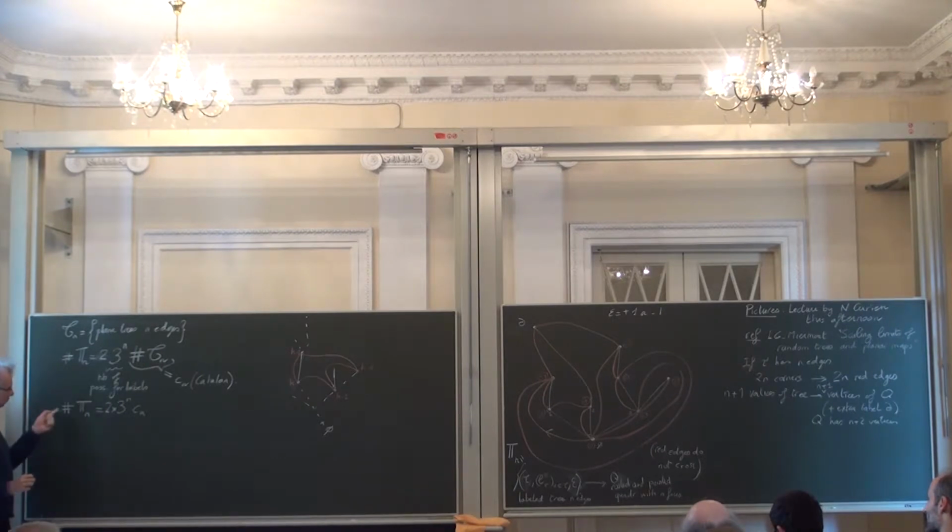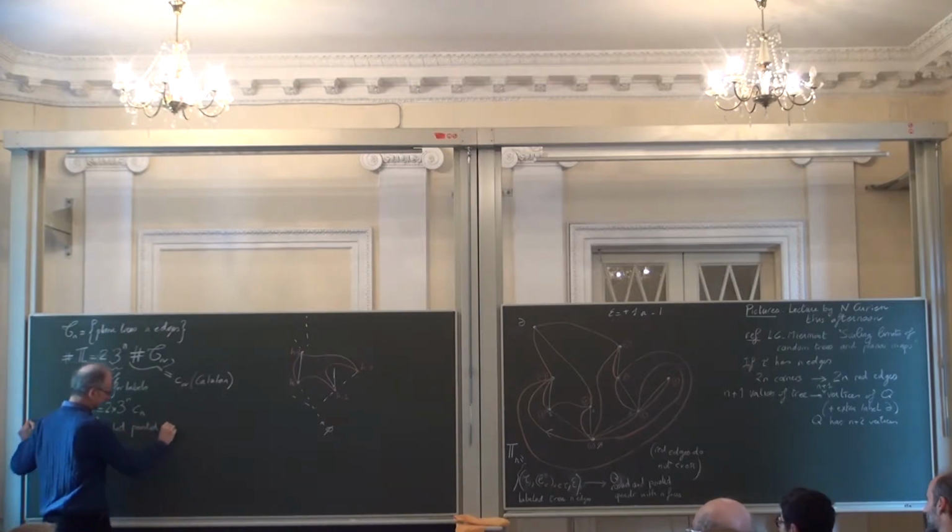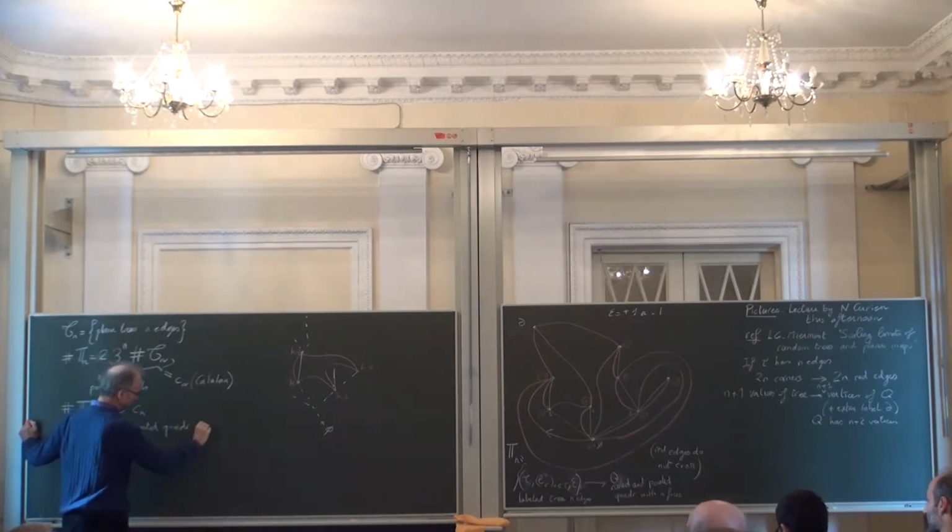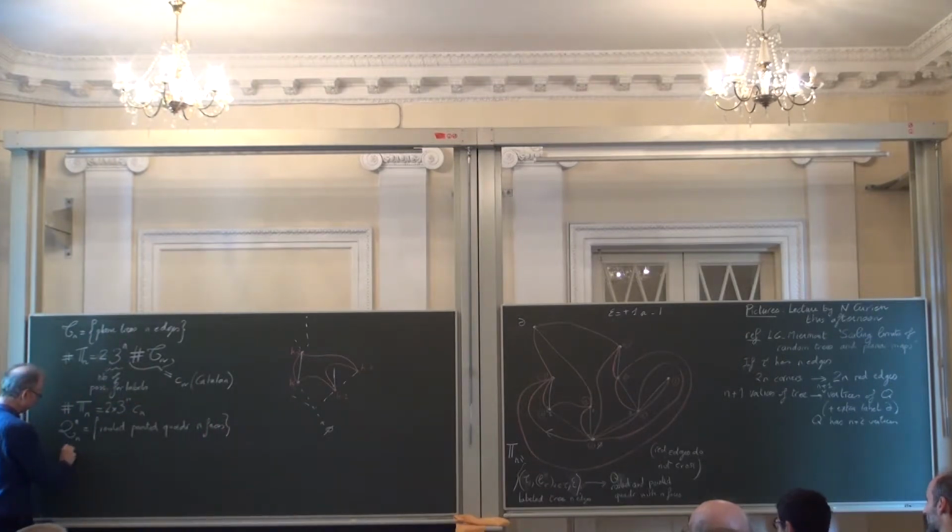And in fact, we saw yesterday that I had this notation Qn dot for the set of all rooted and pointed quadrangulations with n faces. And we saw yesterday that the cardinality of this set is the same as this one.